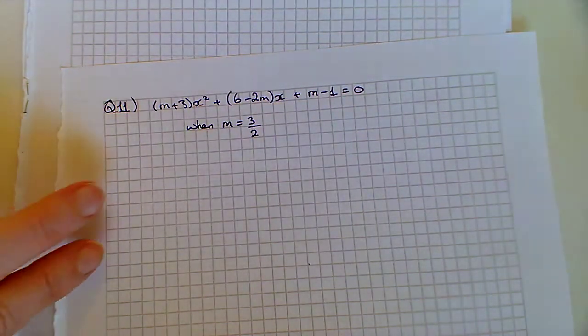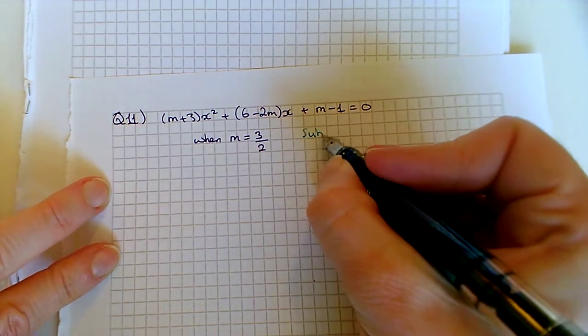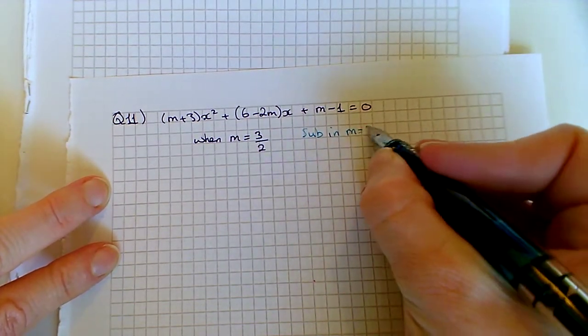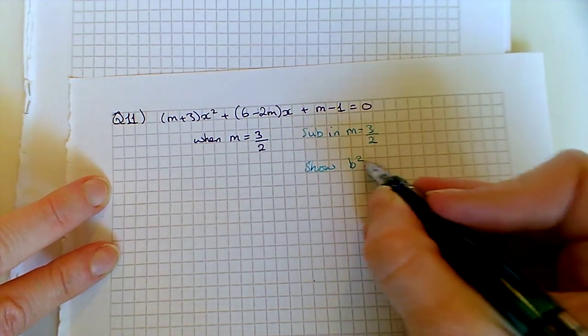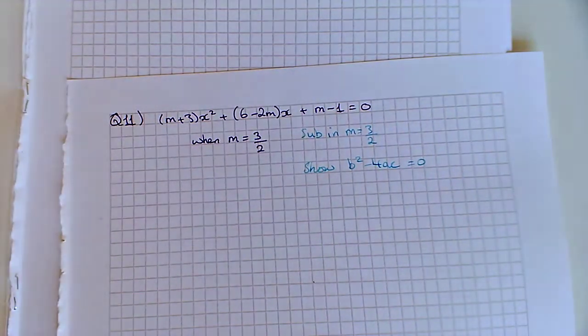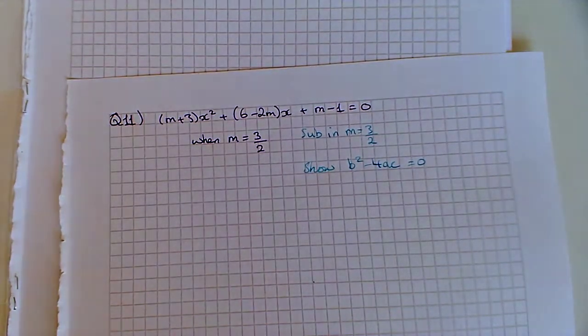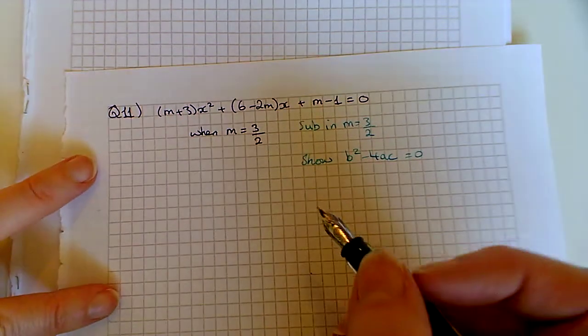They want us to sub in m equals 3/2 and show that the discriminant is equal to 0. So they're not asking us to find the values of m. There will be more than one value of m. There will be 2 values for m if we did this. But it's actually easier than that.